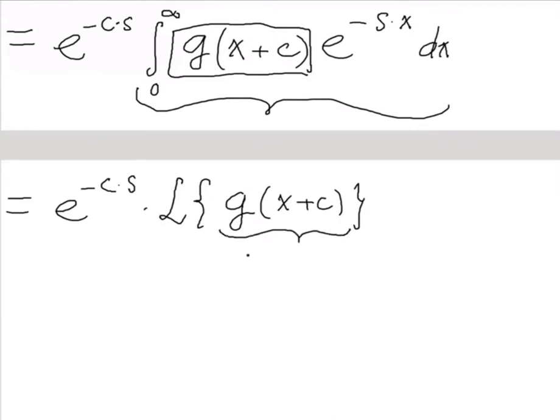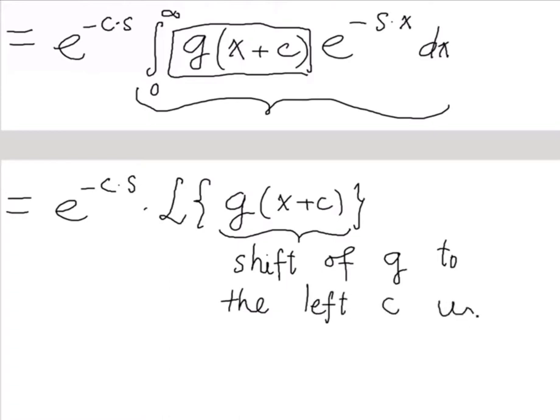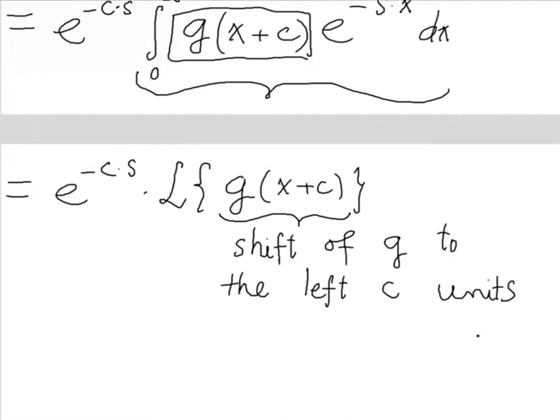If you recall from college algebra, this is actually the shift of g to the left c units. Okay, so when we change the input from x to x plus c, we actually shift the graph c units to the left.